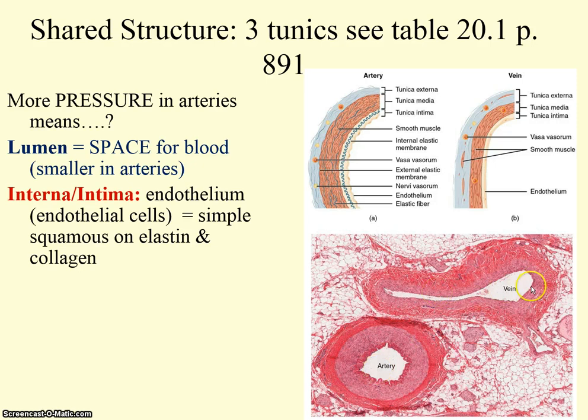And this is why later on we're going to say that more of your blood volume is actually in the venous part of the cardiovascular system, cardiovascular tubes. Every single tube in this cardiovascular system of tubes that's moving blood out to the body and back to the heart has this layer called the interna or intima, as in intimate, an intimate association with the blood.